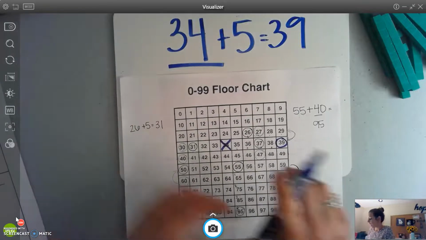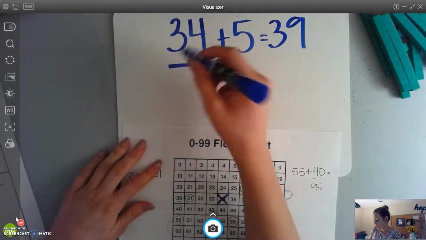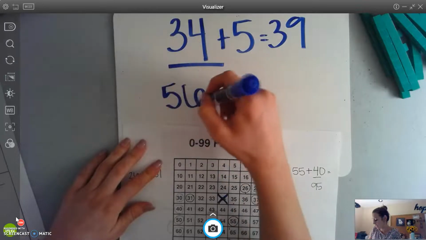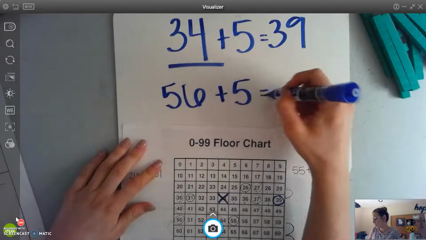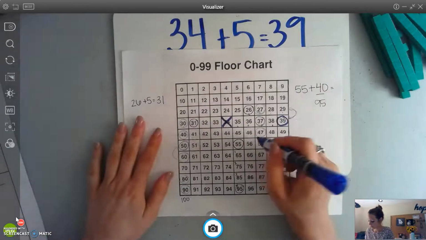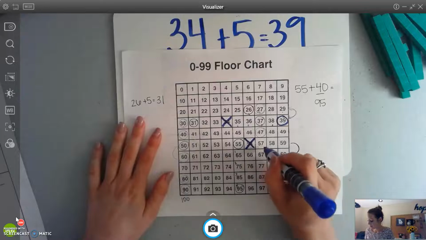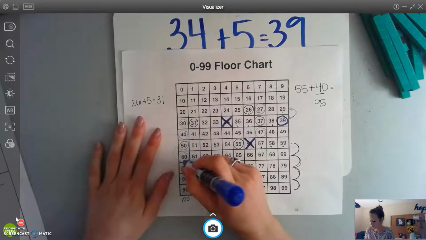Another example, we're going to do 56 plus 5. So let's do 56 plus 5. Let's find the number 56. Count out 5. 1, 2, 3, 4, 5.